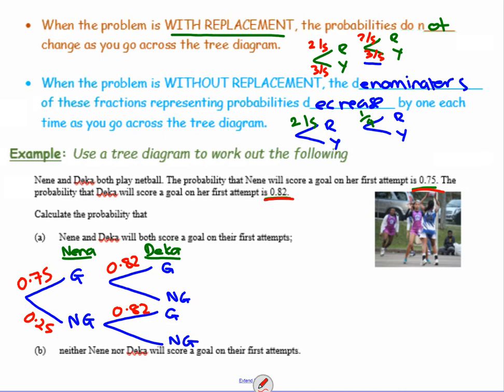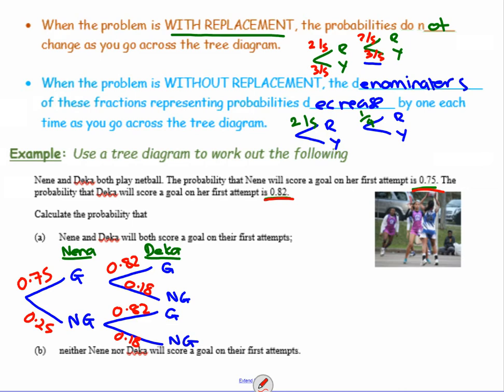So it's the same probabilities as you go across. So not goal, because these two, goal and not goal for Dika, have to add up to 1. Sorry, not goal must be 0.18, because 0.82 and 0.18 adds up to 1. Then you've got 0.82 and 0.18 again.